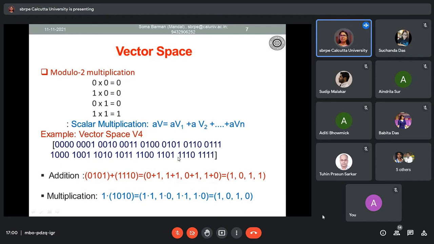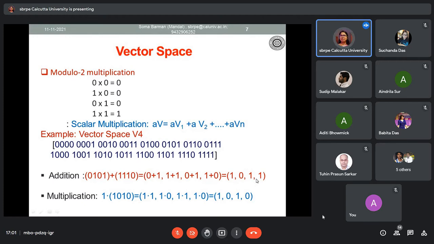Okay. So the addition: if I add 0, 1, 0, 1 with 1, 1, 1, 0, how are we adding? 0 is added with this, 1 is added with this one, 0 is added with this, and 1 is added with this one. So it will give you 1, 0, 1, 0. Now multiplication, where a scalar is multiplied.